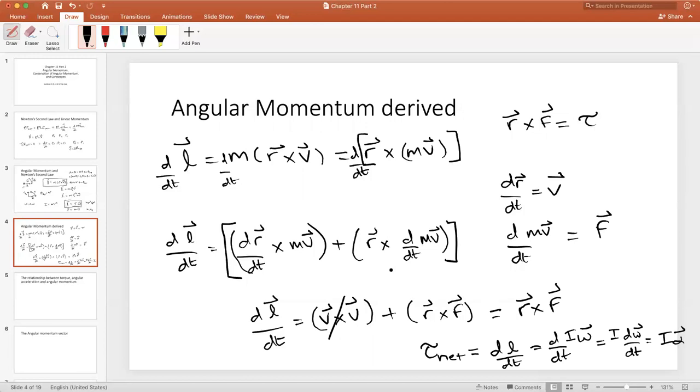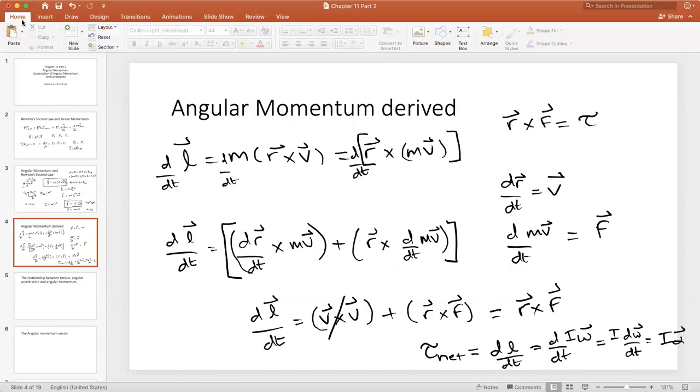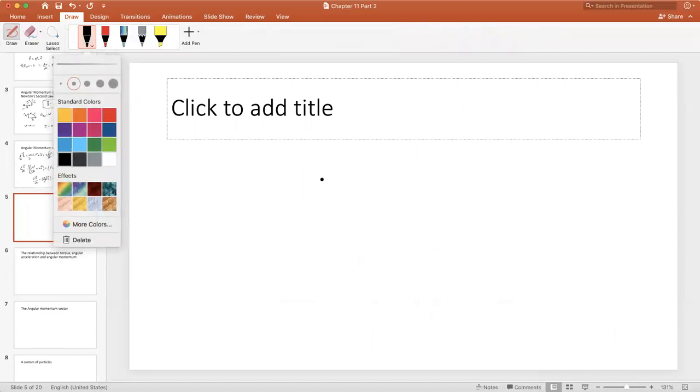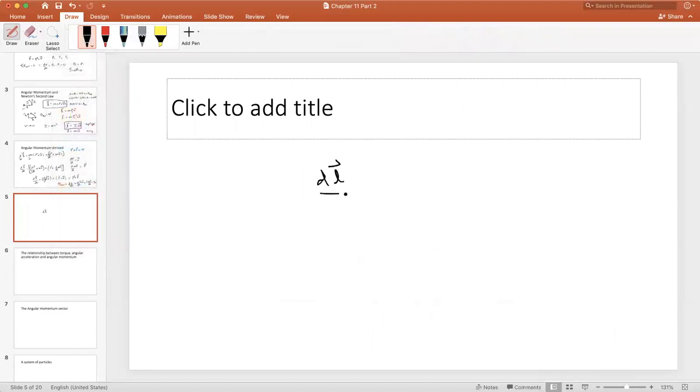So the two things to take away here are that we have dL/dt is equal to m times r cross v. This is equal to m r v, which is equal to the net torque.